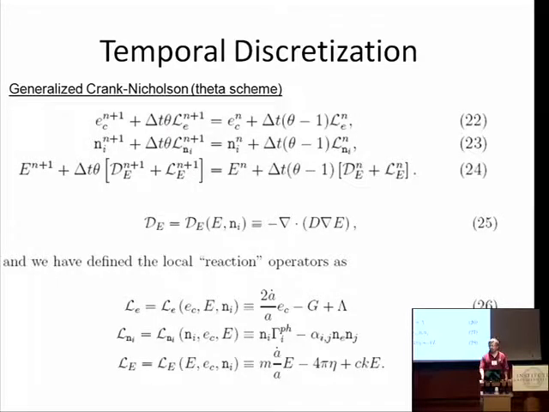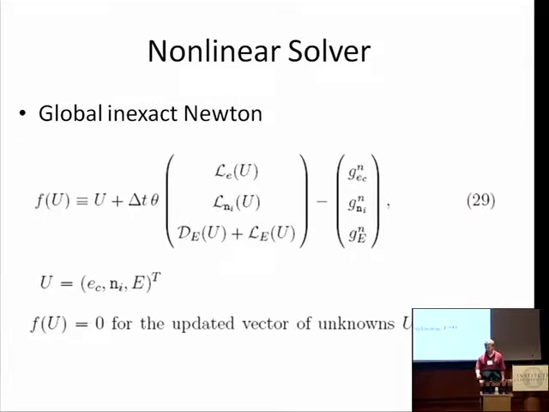It's standard stuff. There's only one sort of cute thing that I got from my applied math guy. So the nonlinear solver, it's a global inexact Newton, where you have this function of your solution vector, which is a nonlinear function.